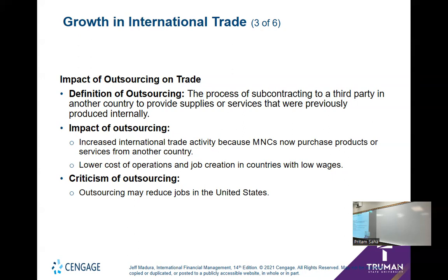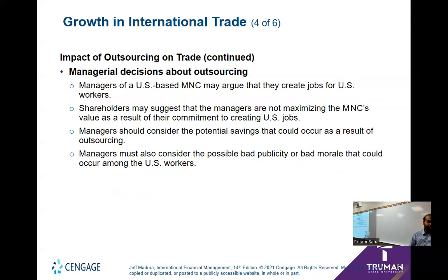So if any corporation engages in a lot of outsourcing, they are basically in a dilemma. What is the dilemma? Big corporation CEOs sometimes talk about how we created thousands of jobs in the US. So they want to create some jobs, or they want to outsource.